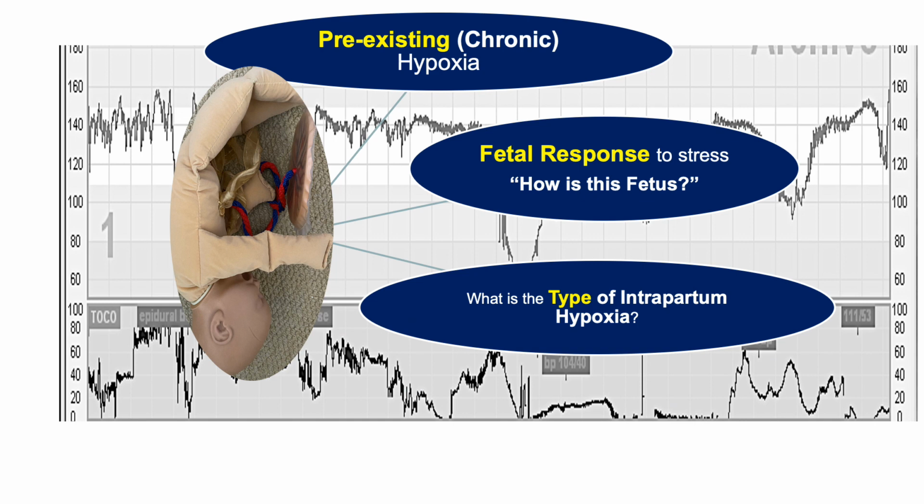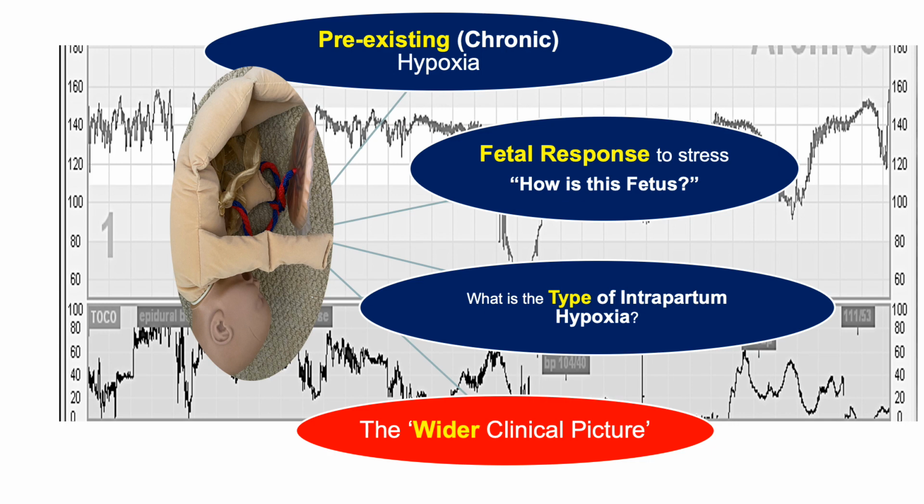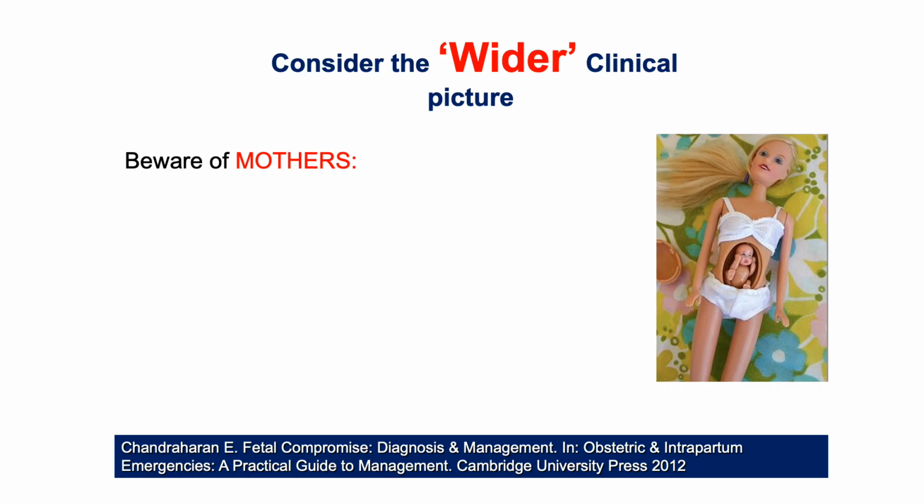Thirdly, we need to find out what is the type of intrapartum hypoxia that we are observing on the CTG trace. And finally, what is the wider clinical picture? So CTG is one of the tools that we use in labor, but what about the environment of the fetus?